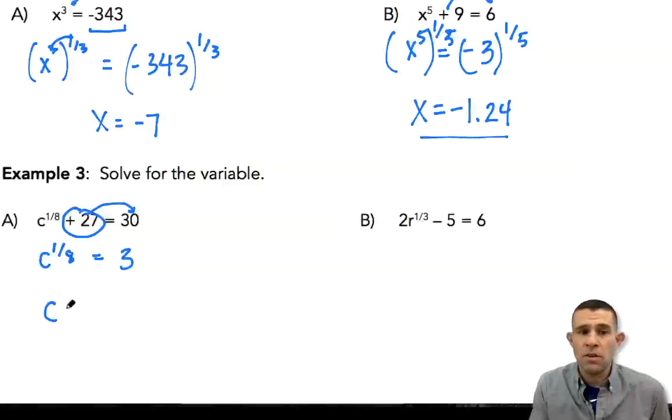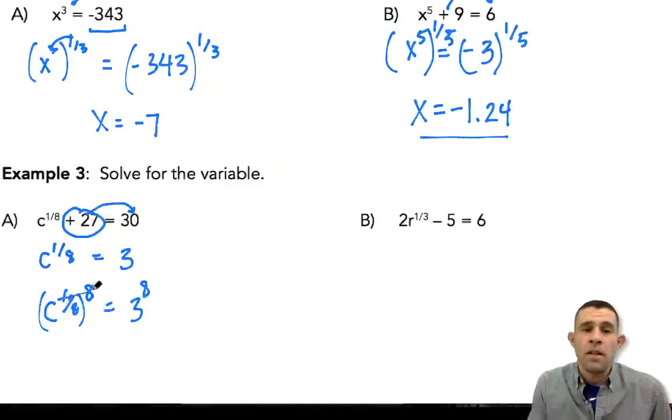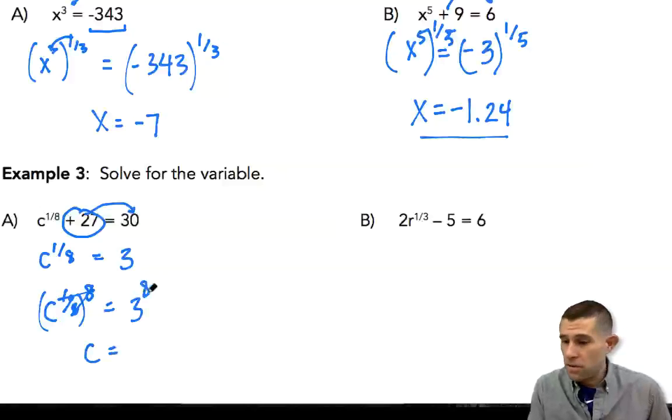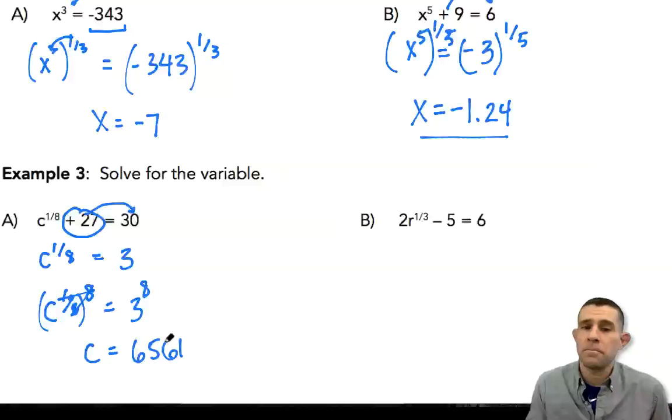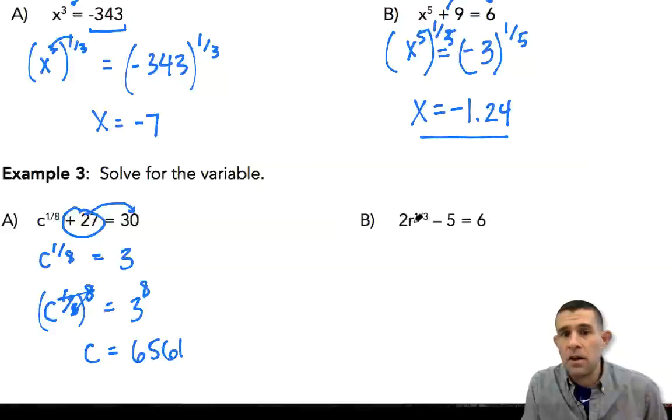And now in order to undo the 8th root, I'm going to raise it to the 8th power, which means I need to take 3 and raise it to the 8th power as well. This 8th root and 8th power undo each other, and I'm left with just c to the 1st power, and 3 to the 8 is 6,561.